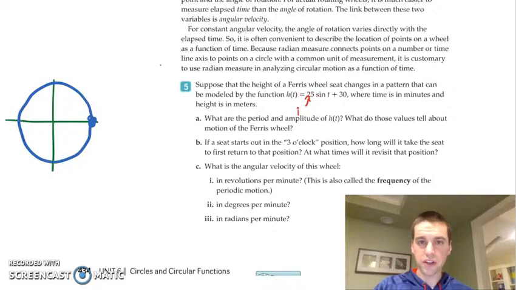I'm going to let you know that 25 is the amplitude. 30 is the y displacement. And so if we know that the amplitude, which we talked about being the radius of the circle, from here to here is 25, and we know that we are shifted so that the midline is 30, right?